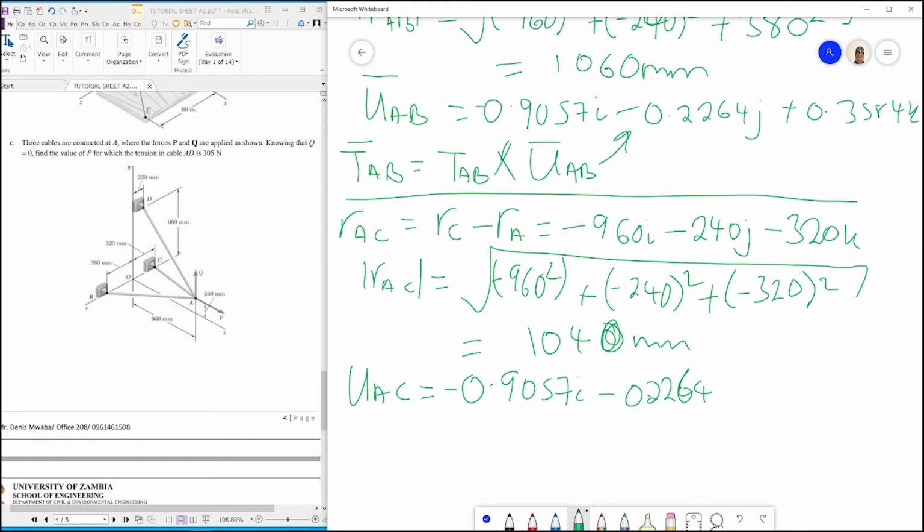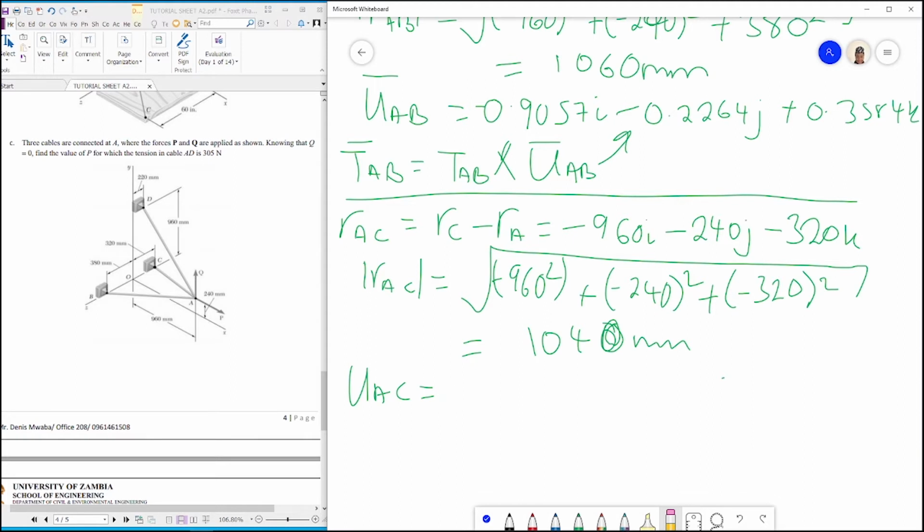It won't be exactly the same as before: one I'm dividing with 1060, this one I'm dividing with 1040. Even though the answers will be very close, they won't be the same.